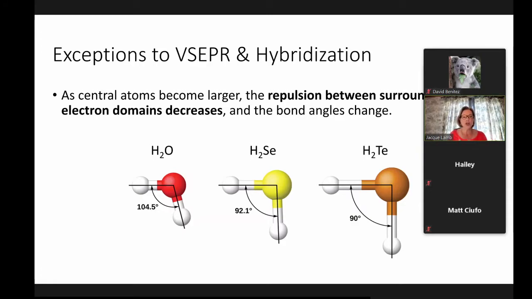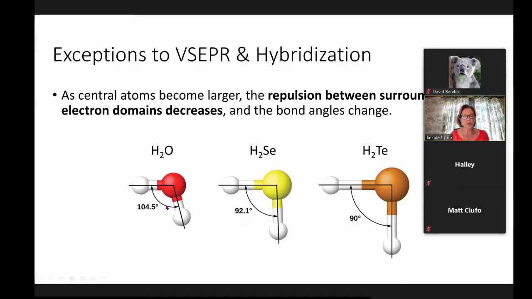One thing you should note is that as the central atom gets bigger, those electron domains don't impede each other as much. And so we can look at these molecules. These are all in the same group, H2O, H2Se, and H2Te. All of those central atoms are members of the same group, but each one is one period further down and therefore bigger.